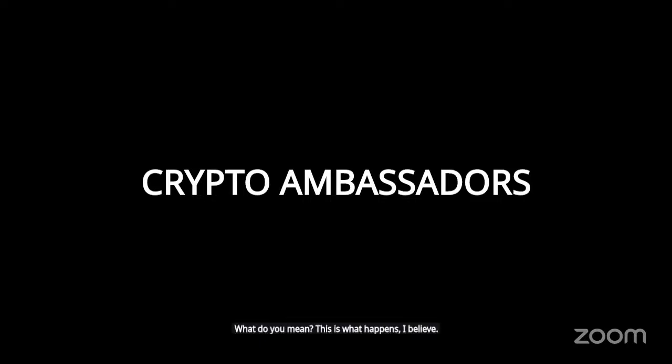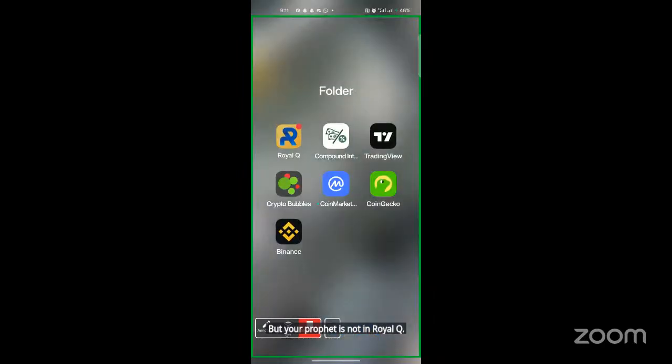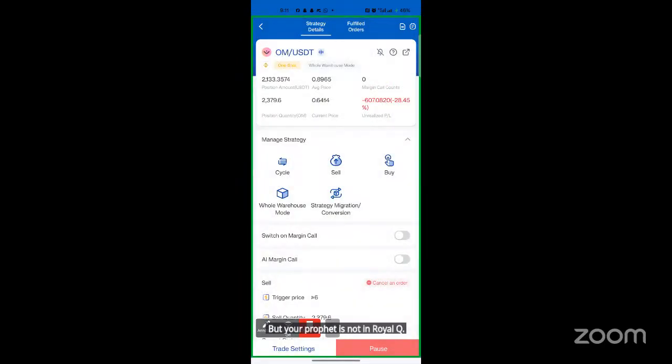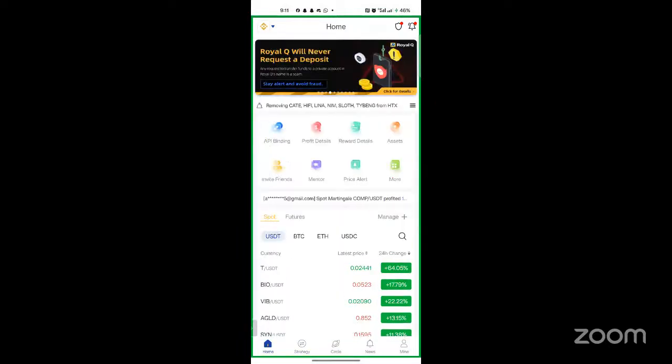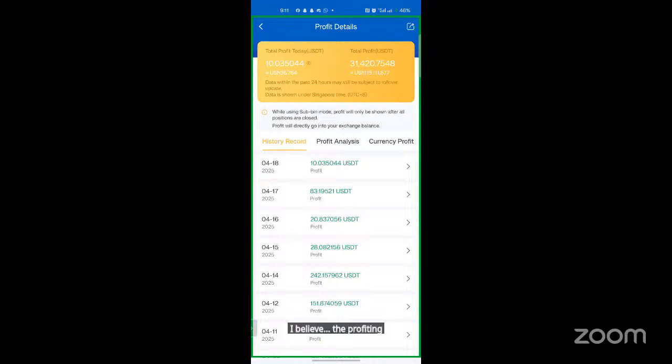But your profit is not in Royal Q. The profit details, you can't change them to USDC. They are the same. What is the problem with that? You are trading in USDT, but you can see your profit in USDT. Is that a problem? Let me know.